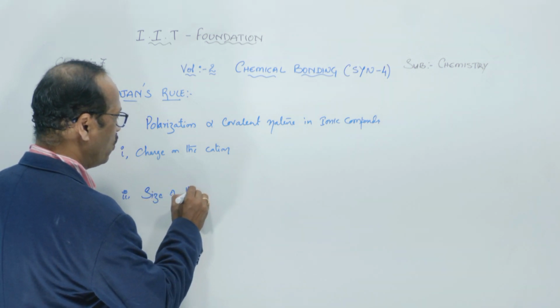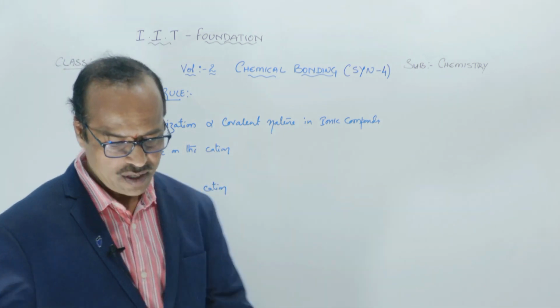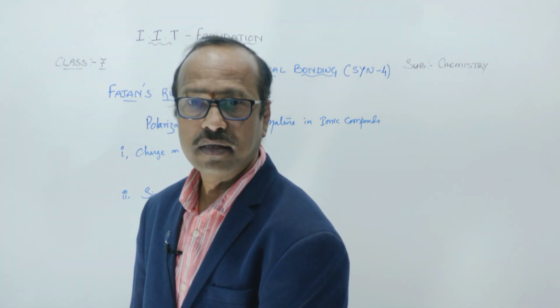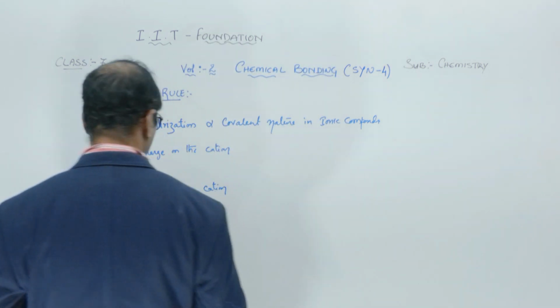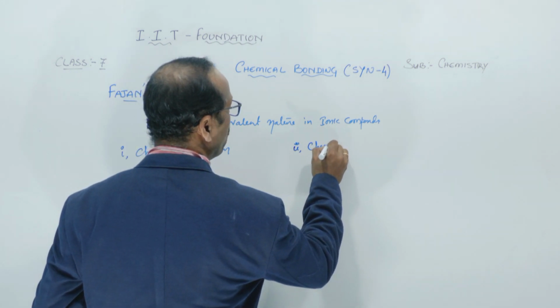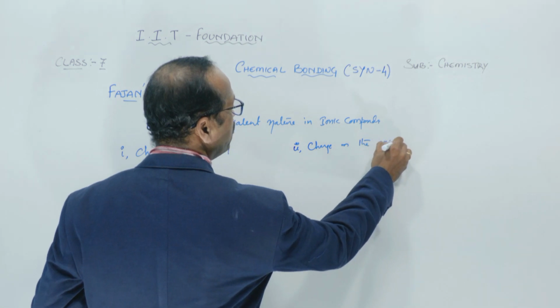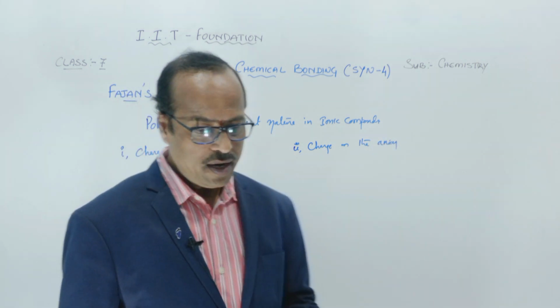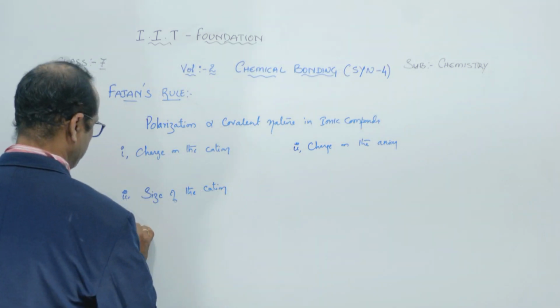Third, the charge on the anion, which I'll explain how. Fourth, the electronic configuration of the cation.